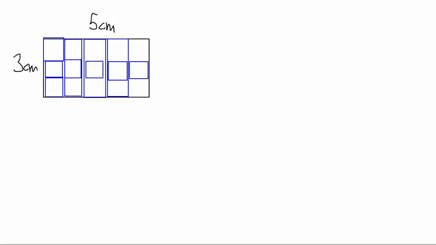So if I made a perfect sketch, then 15 square centimeters would exactly equal the area of my original rectangle. So this rectangle has an area of 15 square centimeters.